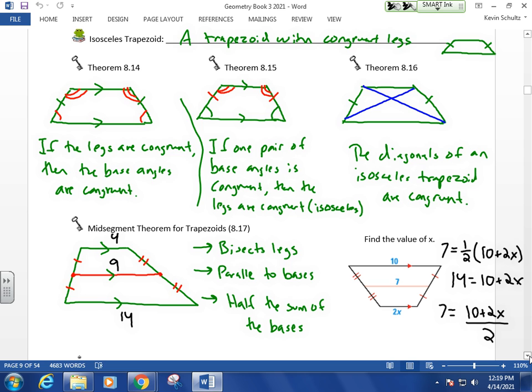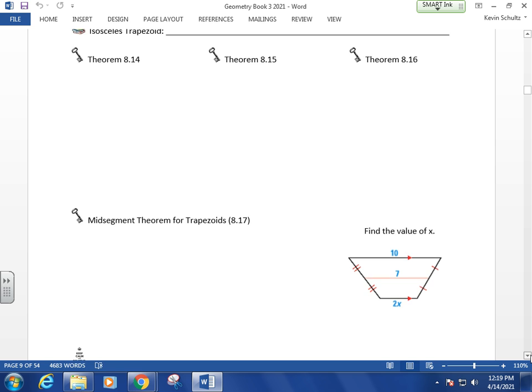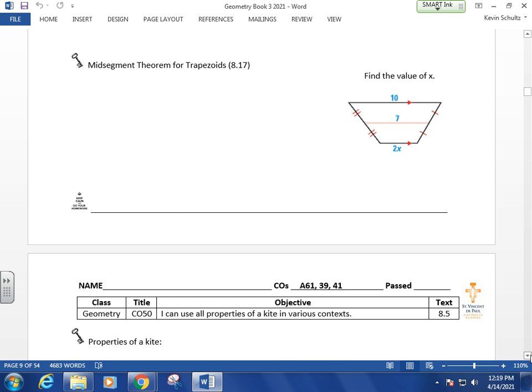Subtract 10 from both sides, divide by 2, we get a value of x equals 2. I'd ask for questions, but A, you're not here, and B, no doubt this is crystal clear anyway. So we'll just move on. Oh, that's it. That's the end of it.